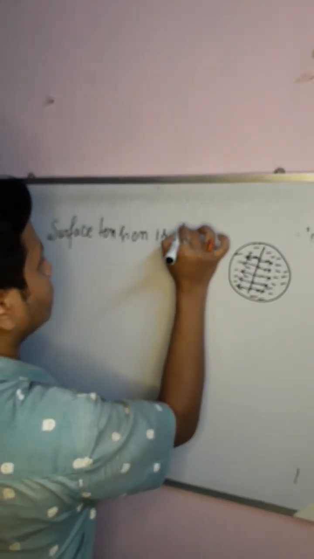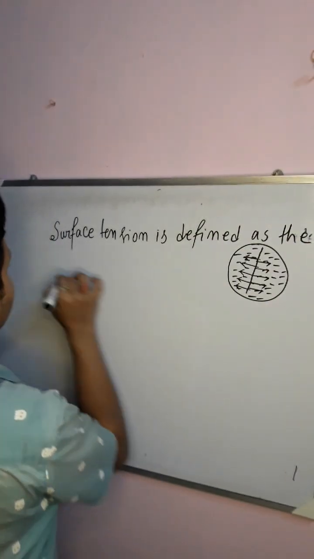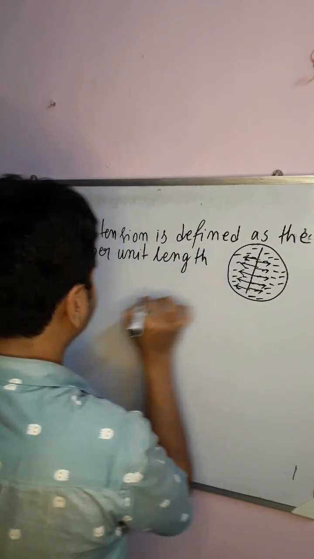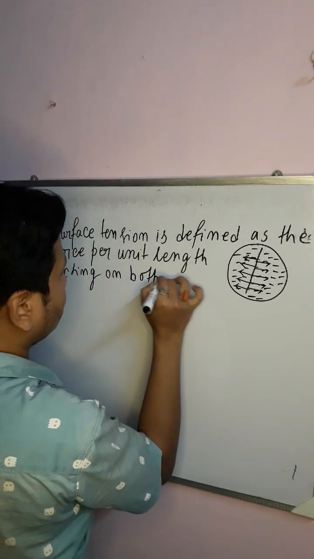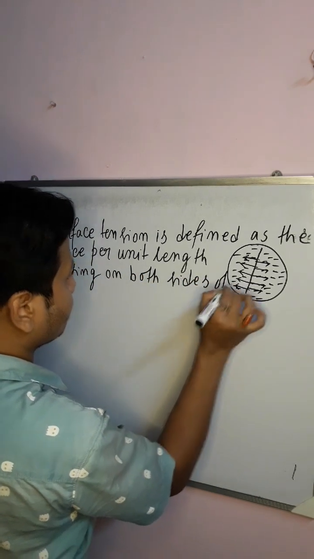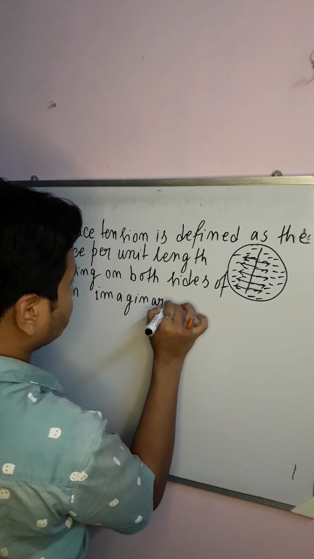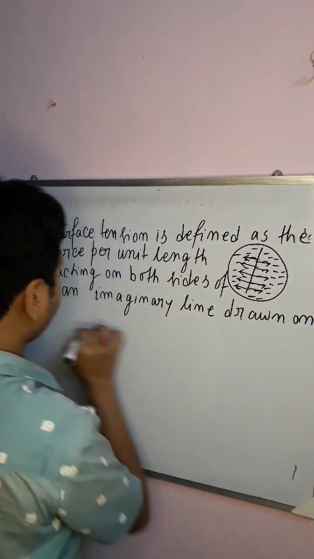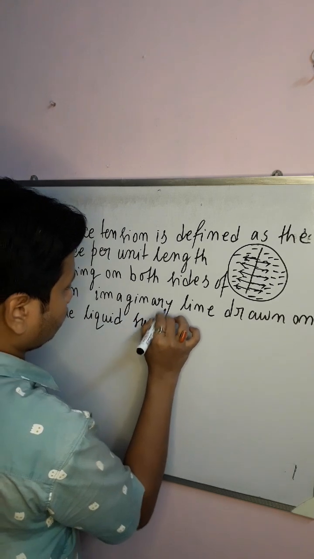Surface tension is defined as the force per unit length acting on both sides of an imaginary line drawn on the liquid surface.